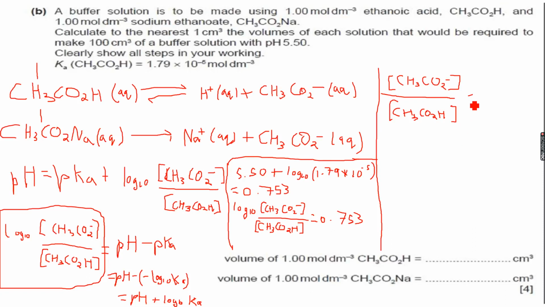This ratio will be equal to 10 to the power of 0.753, which is equal to 5.66.